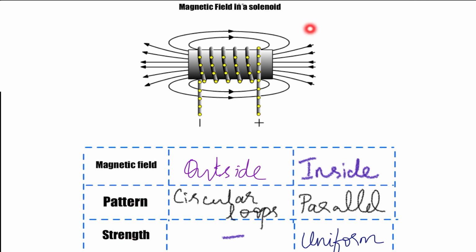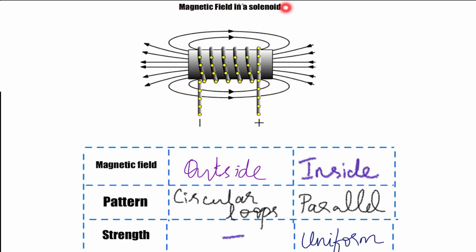By seeing the figure, we can make out it is a solenoid, nothing but a coil of wire in cylindrical shape which is carrying current. Any conductor which carries current will have a magnetic field produced around it. In the same way, the magnetic field is produced even in a solenoid. But the pattern is different. Outside the solenoid, it is in the form of a circular loop.